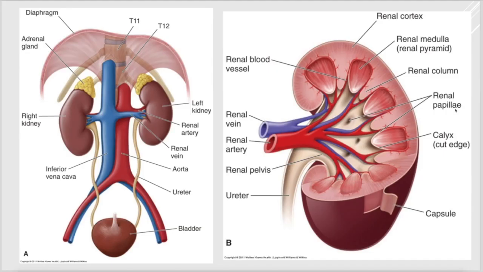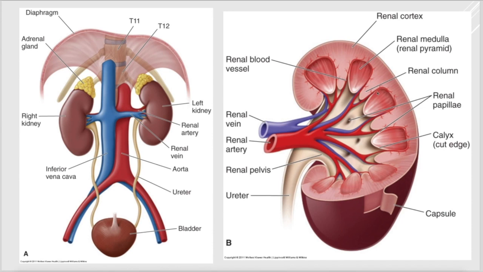So here is the general schematic of the urinary system. Of course, there are 2 kidneys, 2 ureters, the urinary bladder, and then the urethra. If we look inside the kidney, we have these renal pyramids, which compose what's known as the renal medulla. And then you have this outer portion, which is composed of renal columns.